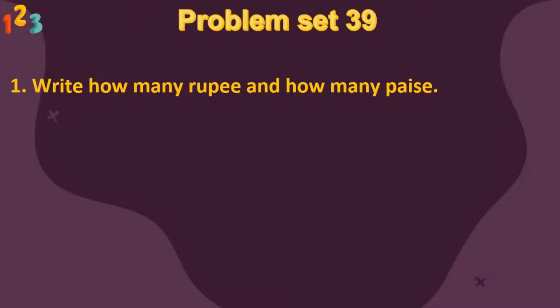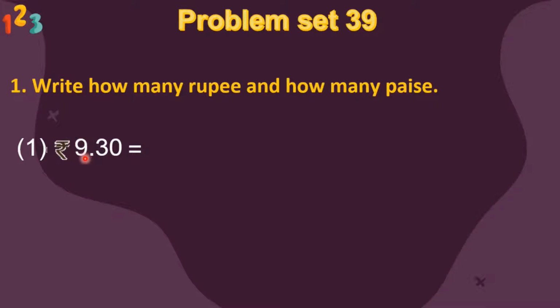Let us do some more examples. Here it is given rupees 9.30, and we have to write this as rupees and paise. So the integral part, or the whole number part, that is before the decimal, is rupees.